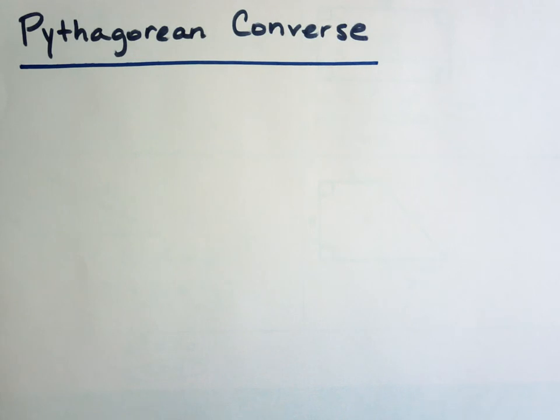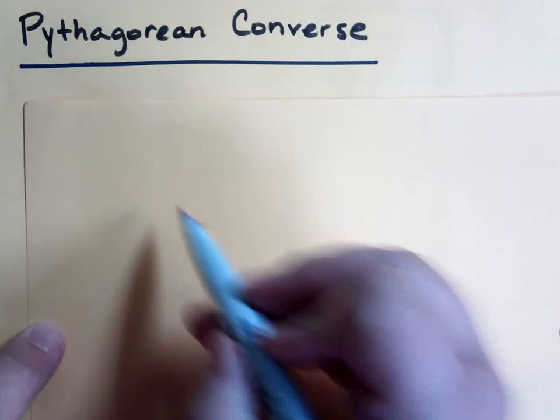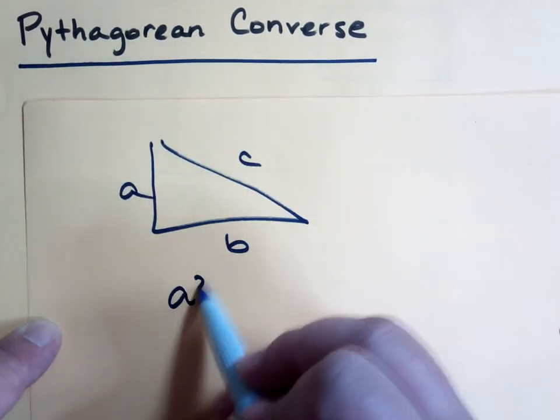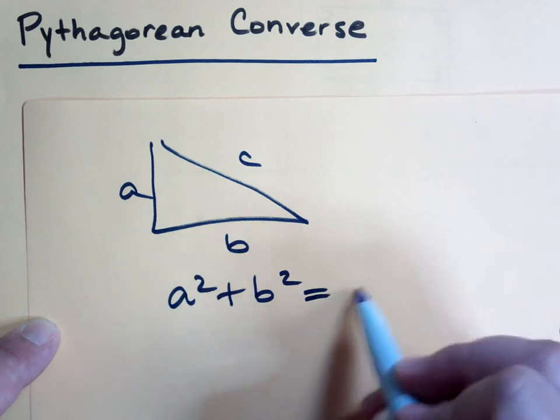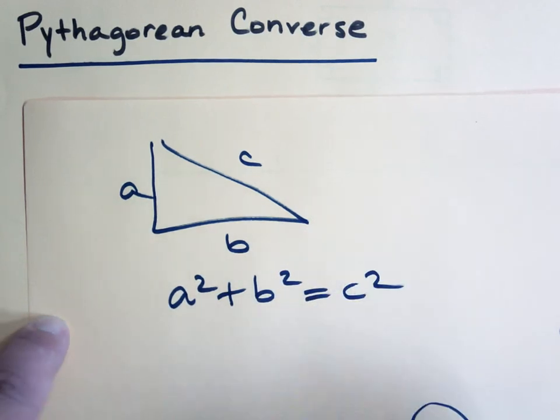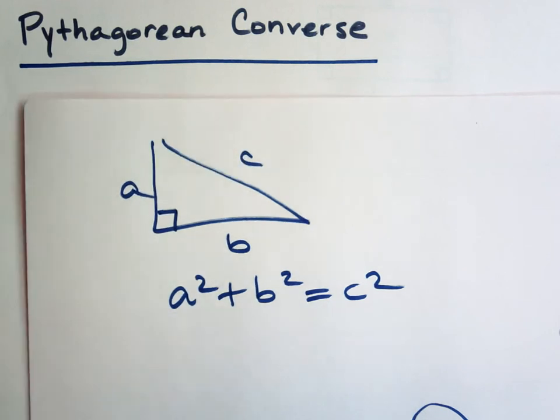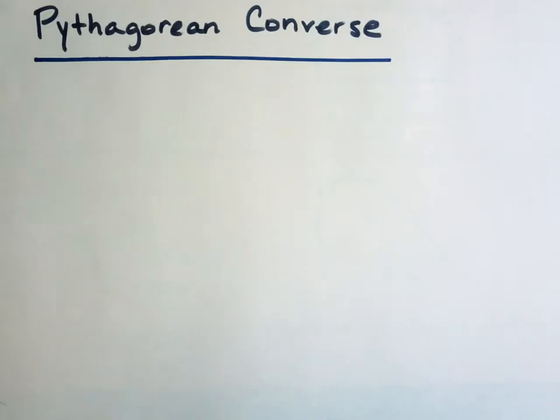The Pythagorean theorem says if you have three sides of a right triangle and they're A, B, and C, then A squared plus B squared equals C squared. You already know that. It starts out assuming you have a right triangle and says A squared plus B squared is C squared. Converse goes the other way.